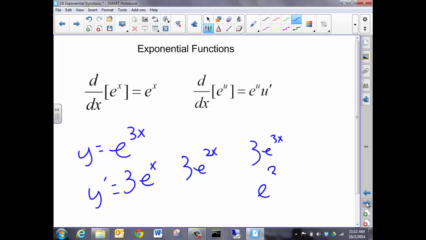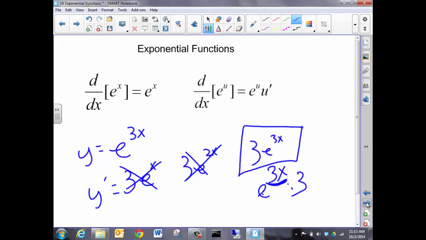E to the argument times the derivative of the argument. Okay? It's pretty much the same rule. It's a chain rule again. It's e to the same argument, the power stays the same, times the derivative of that. So your correct answer would be 3e to the 3x.